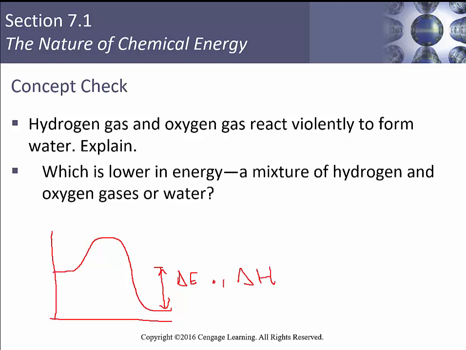It's the same thing; we're using them interchangeably. We know it's going to be exothermic, so we've got this negative enthalpy change, which means that my reactants are going to be higher in energy than my products.